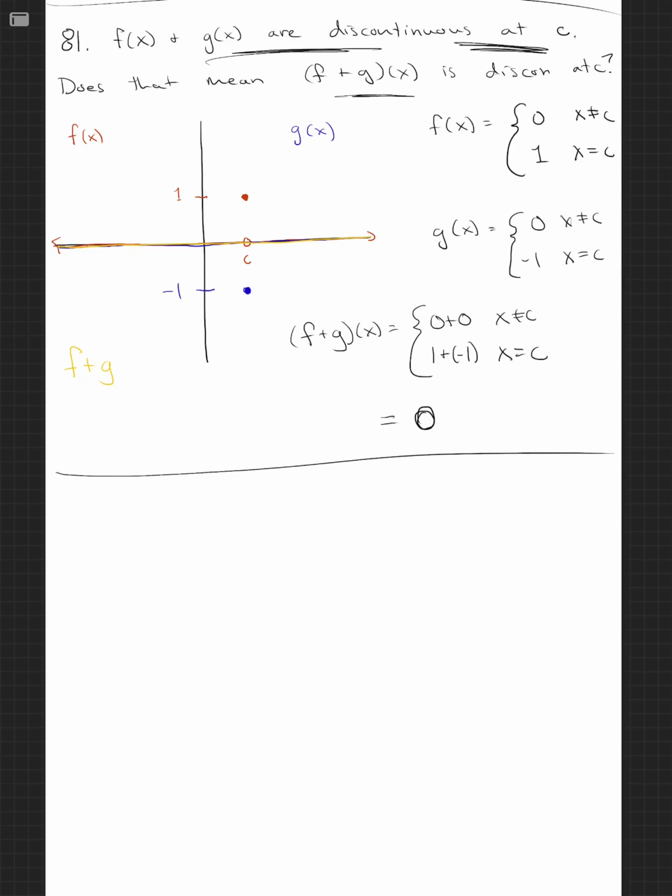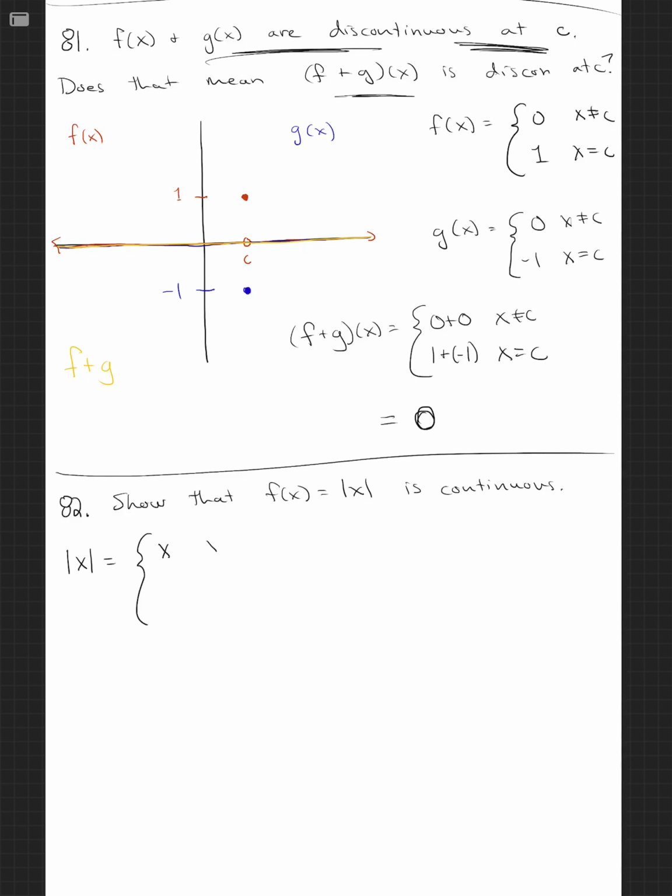Right. So our next one was to show that f of x equals the absolute value of x is continuous. And the key thing that it helps remember for this one is that the absolute value of x is secretly a piecewise function.